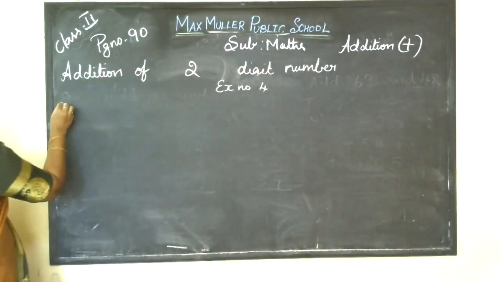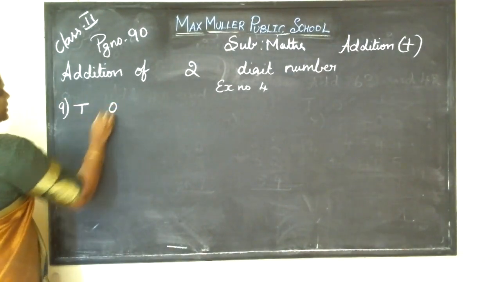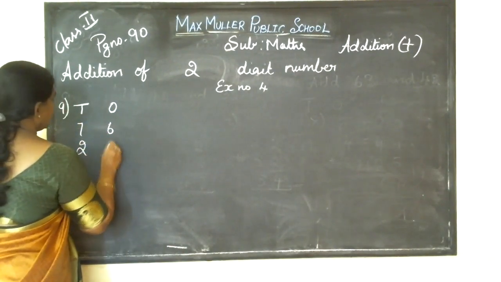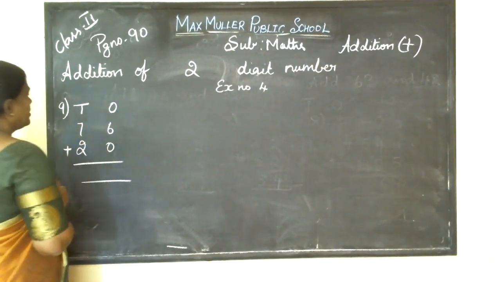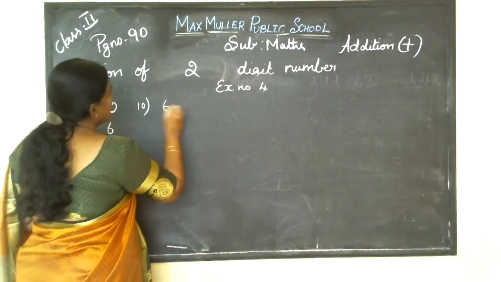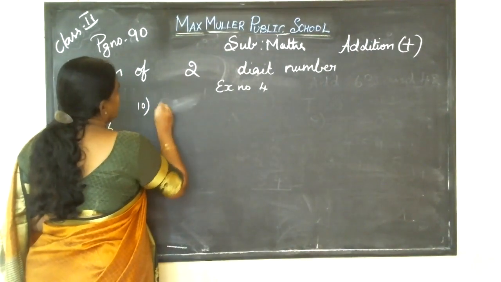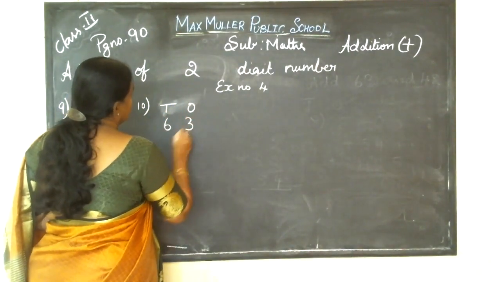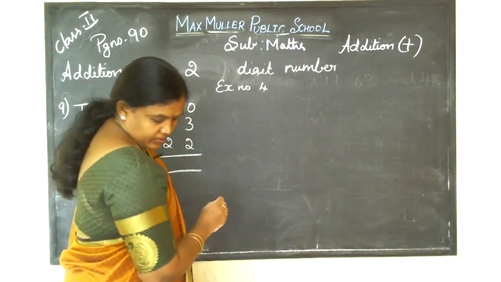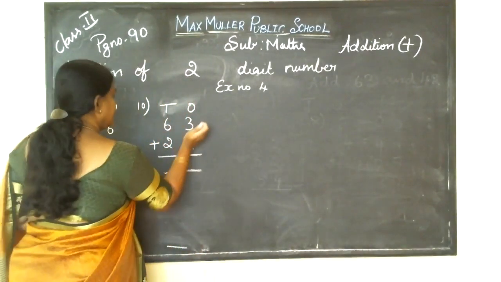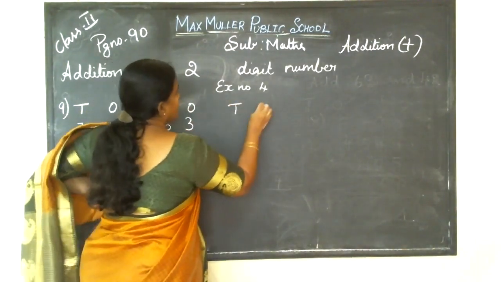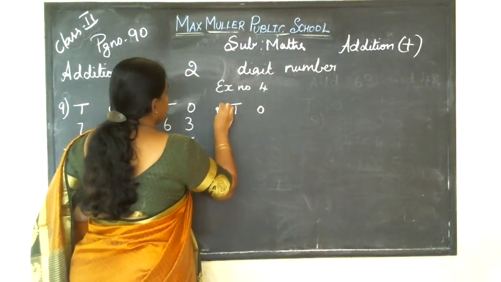See, 9th one, tens, ones. 76 plus 20. 63 plus 25. 32 plus 50.